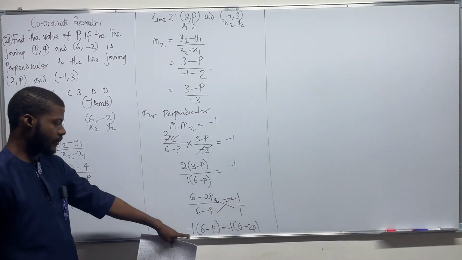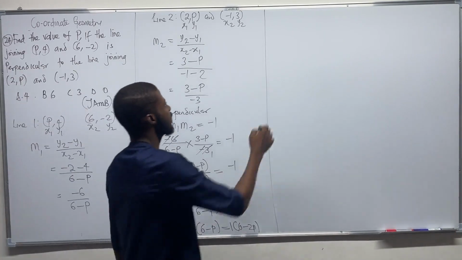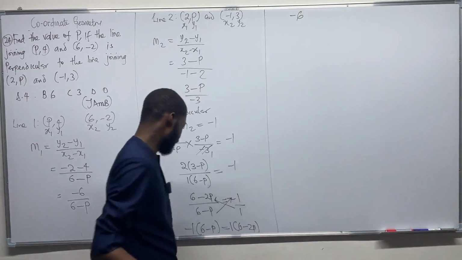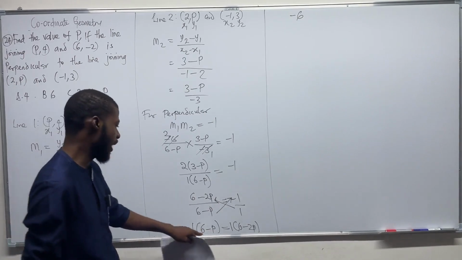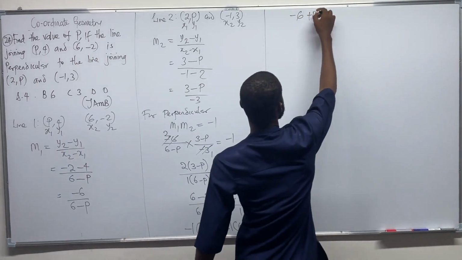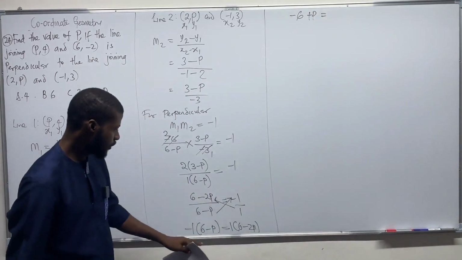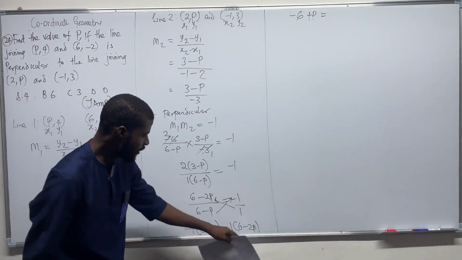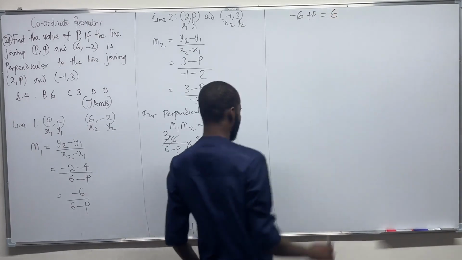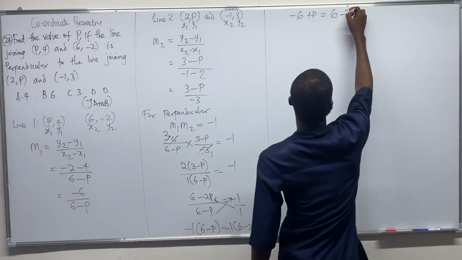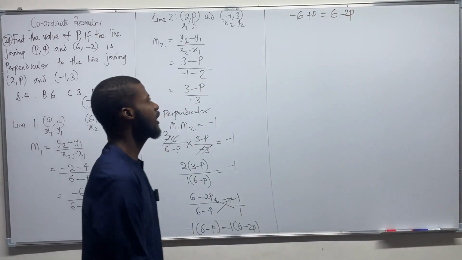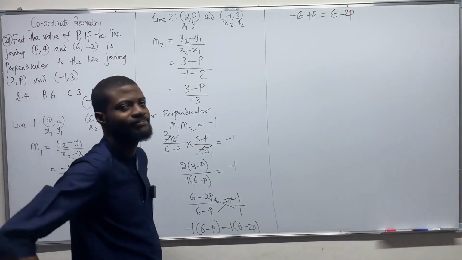So let's expand. Minus 1 times 6 is minus 6. Minus 1 times minus p is plus p, because we have two minuses. Equal to 1 times 6, that's 6. Then 1 times minus 2p is minus 2p. There are different ways to collect like terms here.